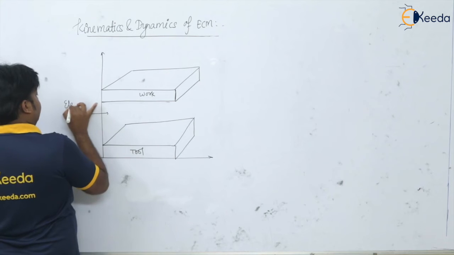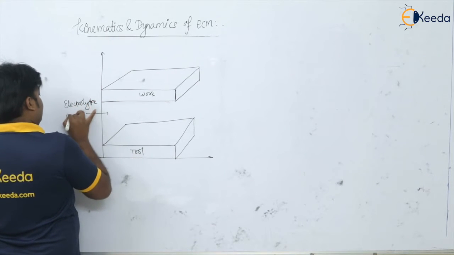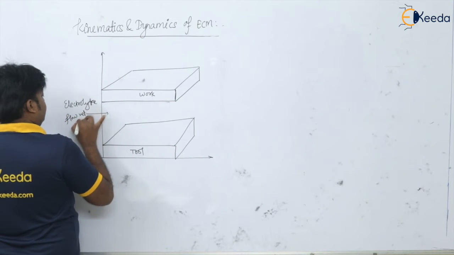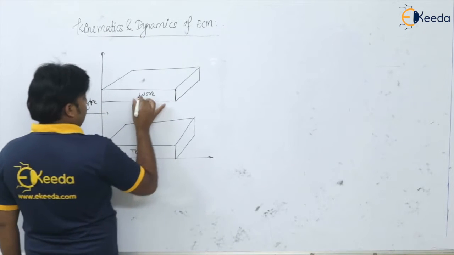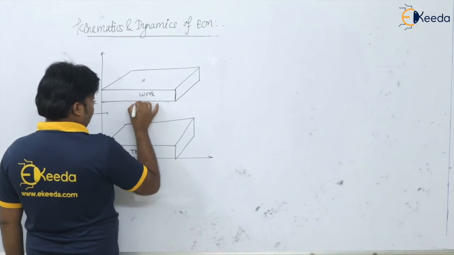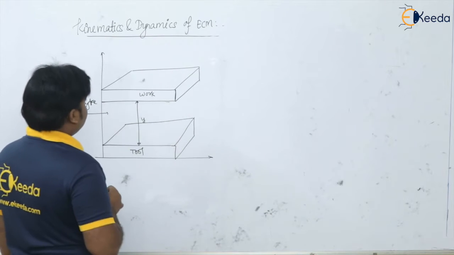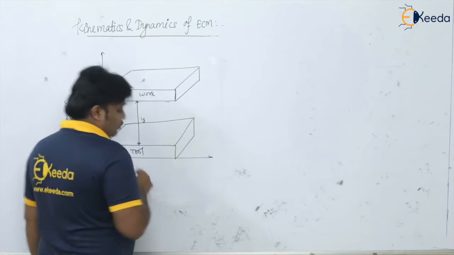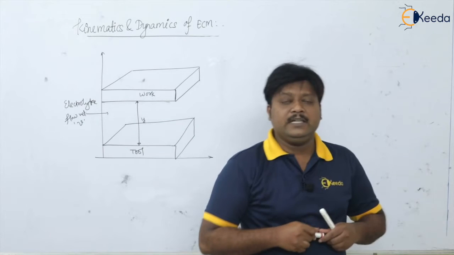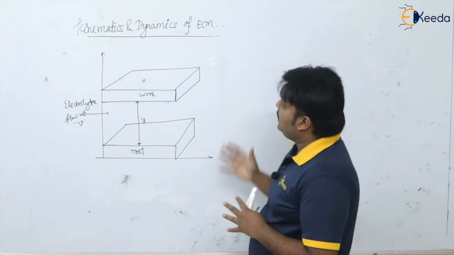In between we have electrolyte flow velocity as V and the distance between the two surfaces as Y.